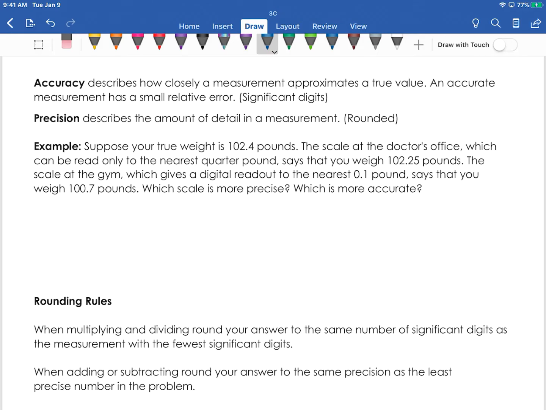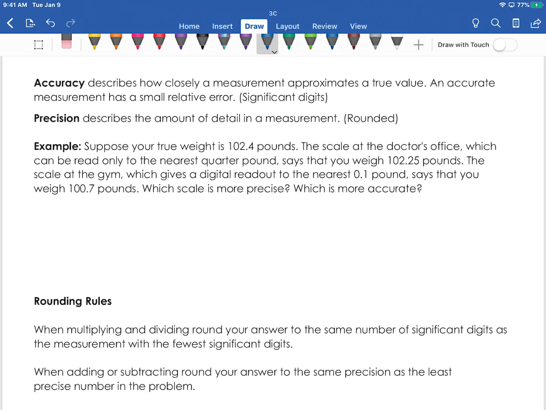An example that might help clarify the difference between the two: suppose your true weight is 102.4 pounds. The scale at the doctor's office can only be read to the nearest quarter of a pound, meaning it can only be read with 0, 0.25, 0.5, 0.75, and then up to the next integer.